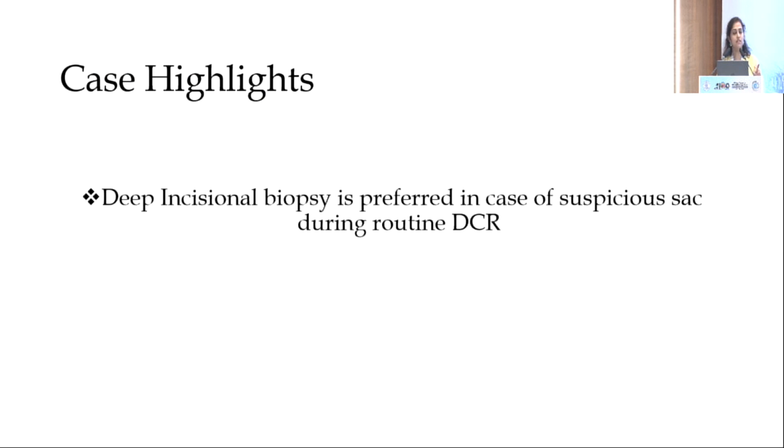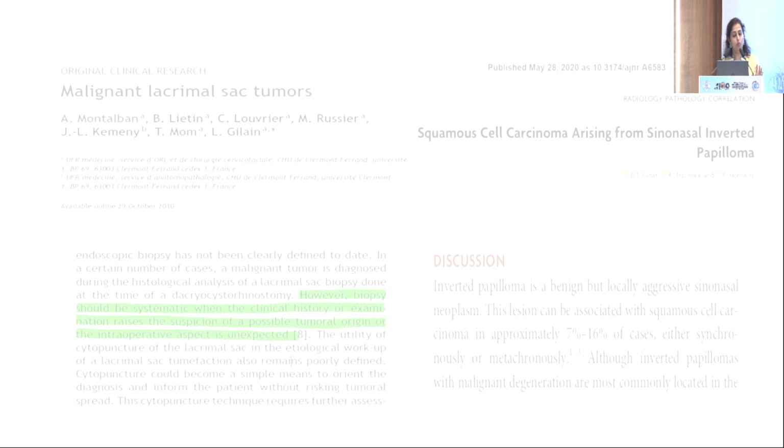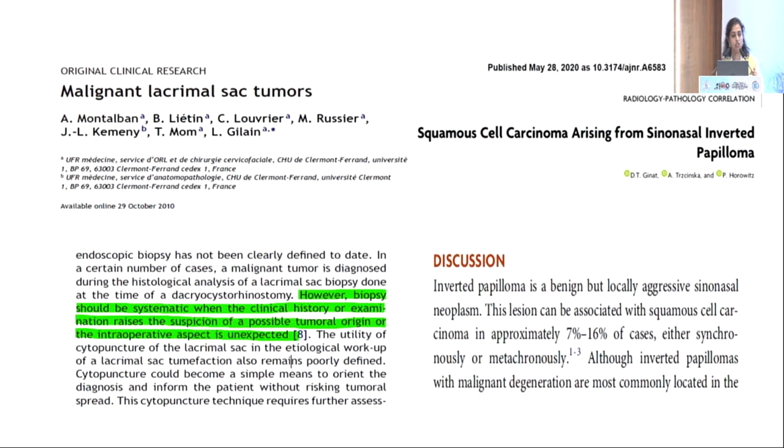Now, the highlights of this case were, one, deep incisional biopsy is preferred in case of a suspicious sac during routine DCR. The main reason is that with a superficial biopsy, you may miss the malignant cells and will only get the inflammatory reaction.